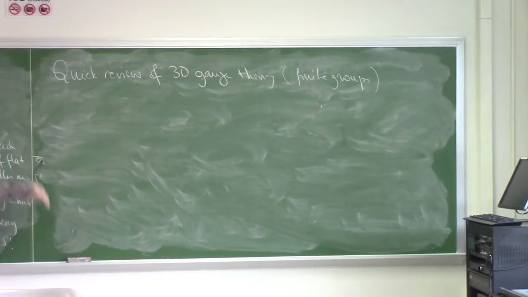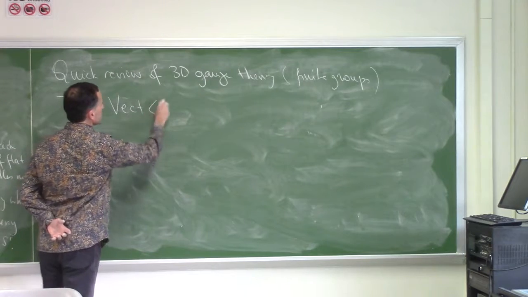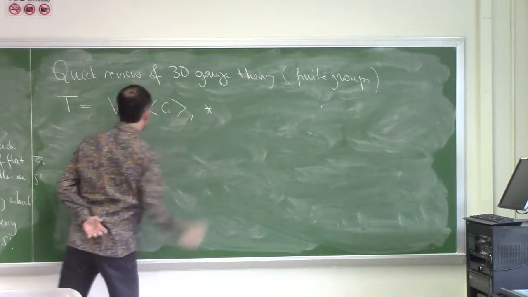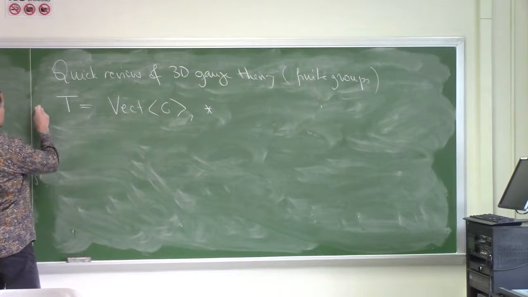So three-dimensional theories are generated by tensor categories, right? We take the tensor category to be vector bundles on G with convolution. And that's associated with a point.